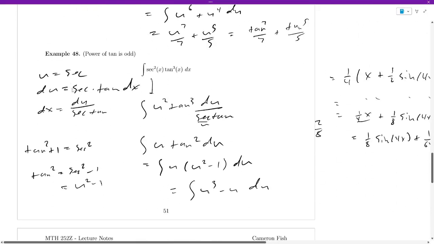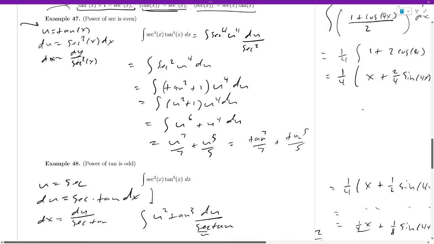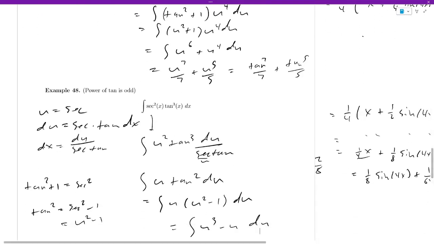Here, the derivative of secant is secant times tangent, so it gets rid of one of the tangents and one of the secants. So there's a little bit of funniness going on with the numbers there, but it just takes some practice doing a couple problems and seeing how it works out.